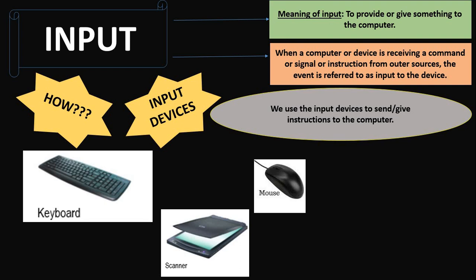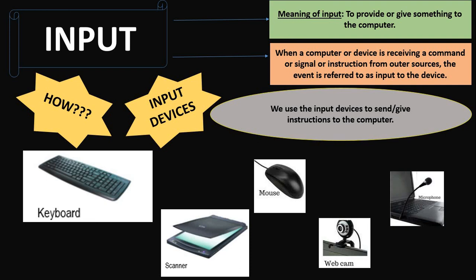It is a pointing device and it controls the movement of pointer on the screen. Webcam. It is an input device. It captures videos or images of the things that are placed in front of it. Microphone. Microphone helps us to send sound input to the computer.